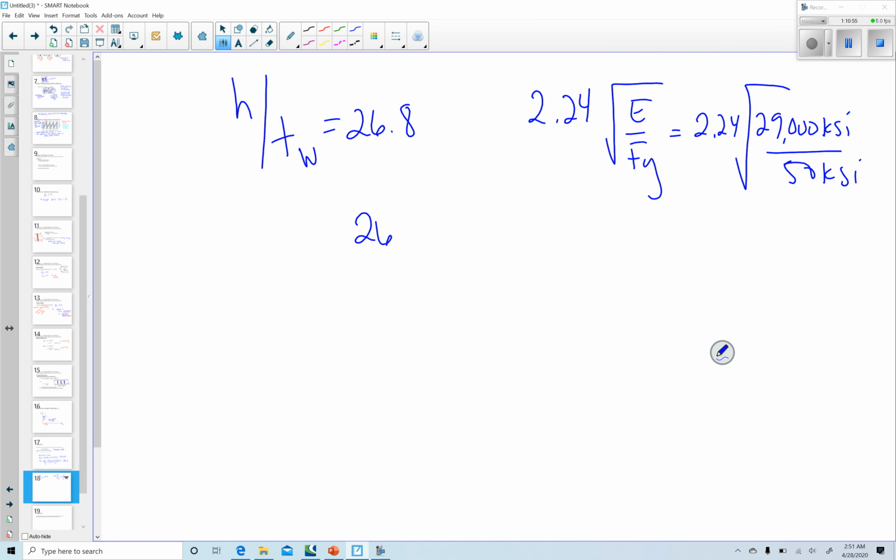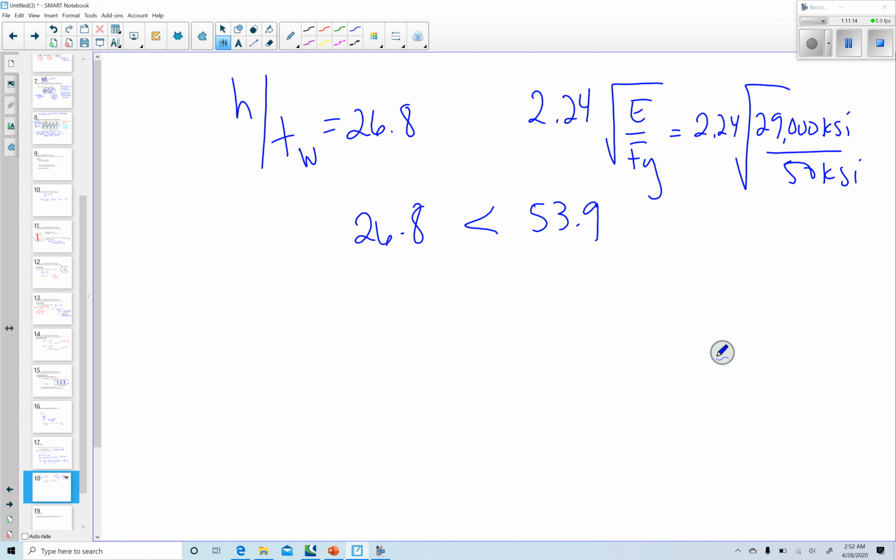So let's see, 26.8 and 2.24 times the root gives 53.9.